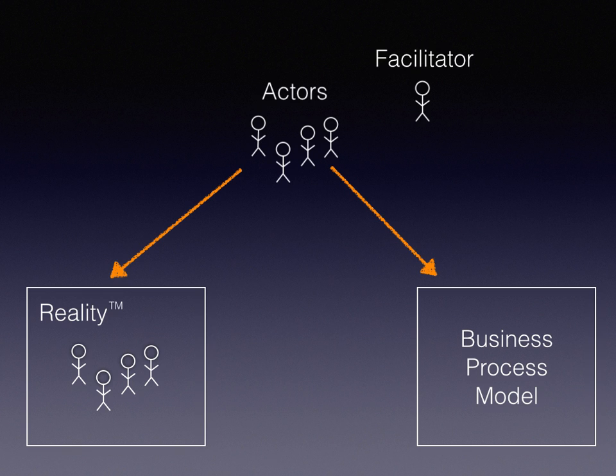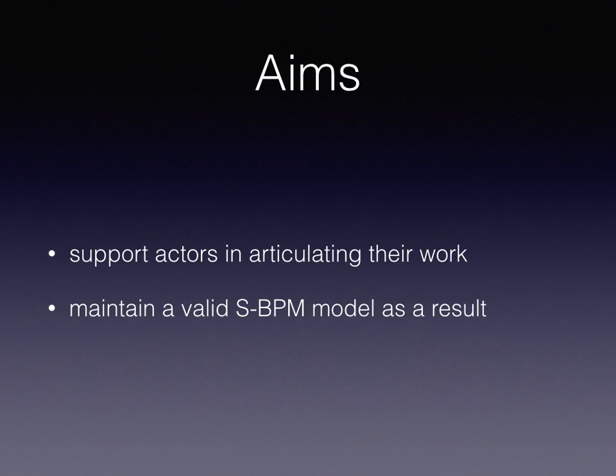And the aim of what we're trying to do here in the work I'm presenting is providing some kind of procedural scaffold that supports the actors, on the one hand, to appropriately articulate what they are doing in their work process, or at least their perceptions of the work process, and still maintain a valid S-BPM model as a result.